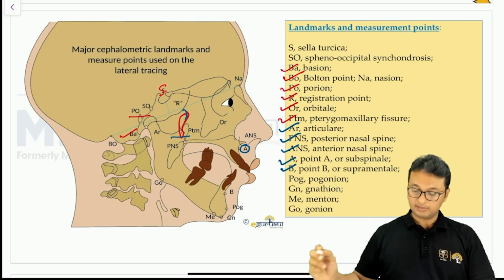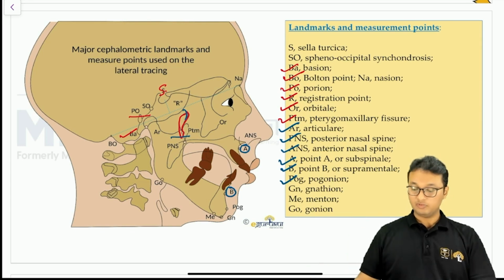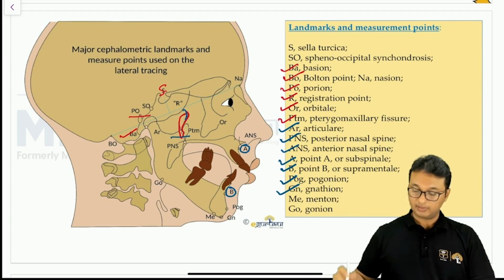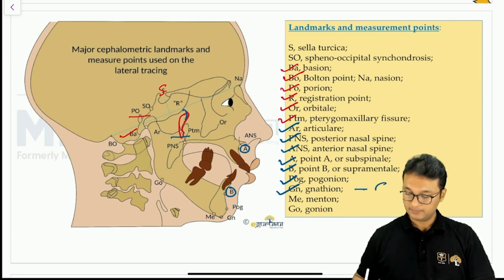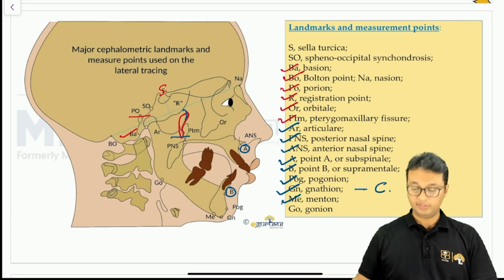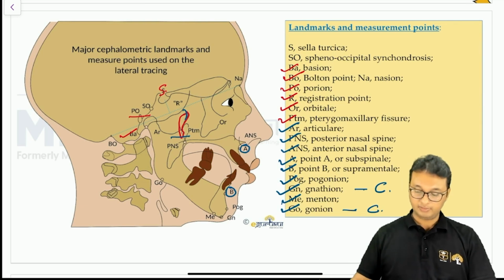Similarly, point B, that is the deepest point on the concavity, present above the pogonion. Then pogonion is the anteriormost point on the bony protuberance of the chin. Then nathion. Now nathion is a constructed point. Menton is the inferiormost point on the bony chin. And gonion, this is again a constructed point, right?